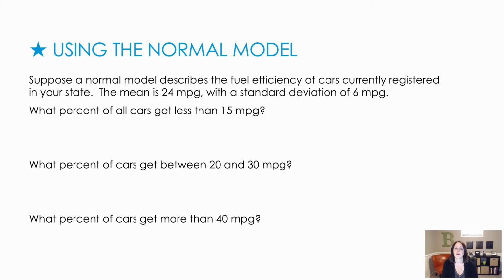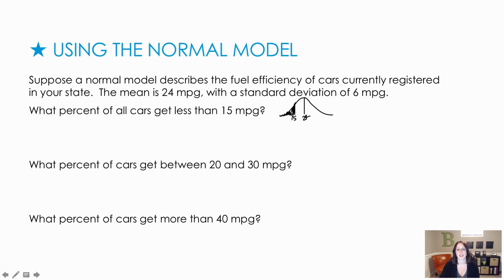So this one is talking about the fuel efficiency of cars, and the mean is 24 miles per gallon and a standard deviation of 6 miles per gallon. So if I'm trying to find the percentage of all cars less than 15 miles per gallon, then I'm looking, picture-wise, because we know we like our pictures, at the 15 being to the left of 24, so really I'm looking for this region.